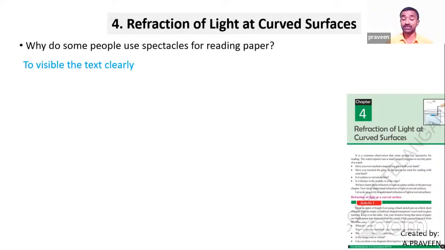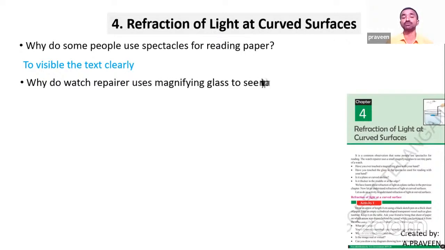The next question to answer is: why do watch repairers use a magnifying glass to see tiny parts of a watch or cell phones, or in electronics, TV or other gadgets that can be repaired? Here, the watch parts are very small. While they are repairing, what do they use?